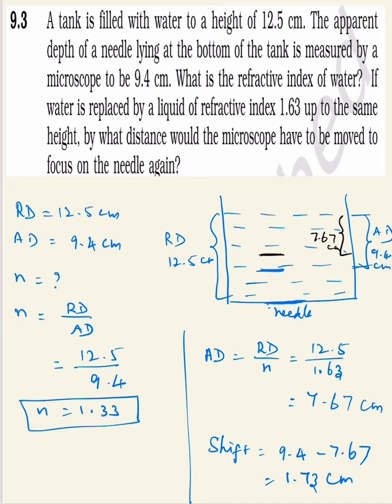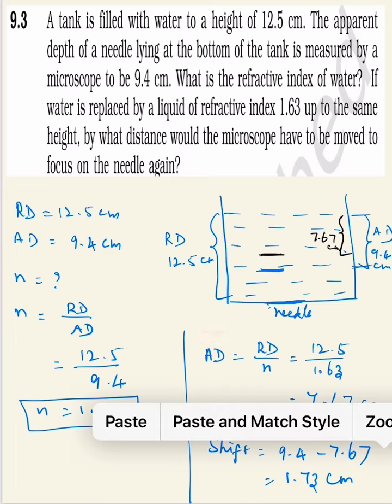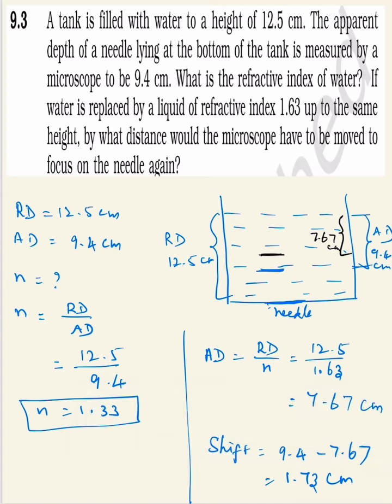So we have to find out the apparent depth with the new liquid. Formula is RD by N. Now substitute the values, 12.5 by 1.63, we get 7.67. So the apparent depth is, now the needle seems to lie here with an apparent depth of 7.67 centimeter.